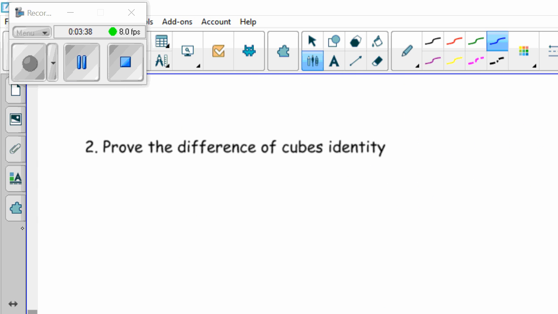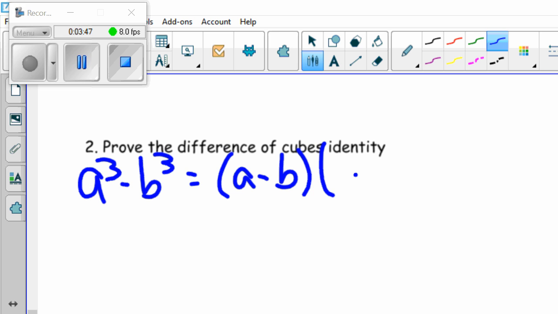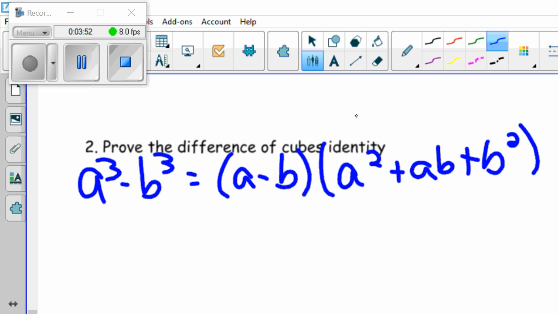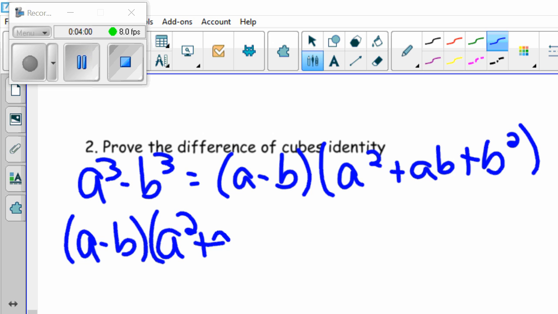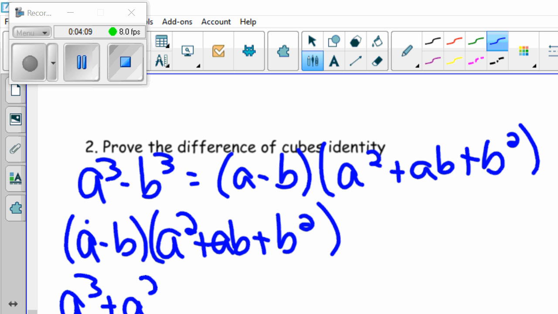So now let's prove the difference of cubes identity. The difference of cubes identity says a cubed minus b cubed equals a minus b times a squared plus ab plus b squared. So we're going to prove this by multiplying out a minus b times a squared plus ab plus b squared. So again, if I multiply this, I start with my a, so a times a squared gets me a cubed plus a squared b plus ab squared.